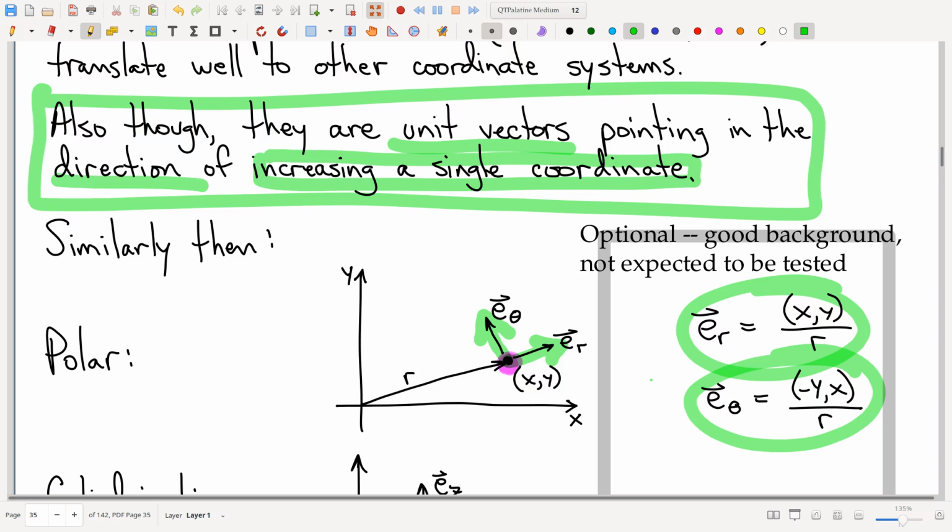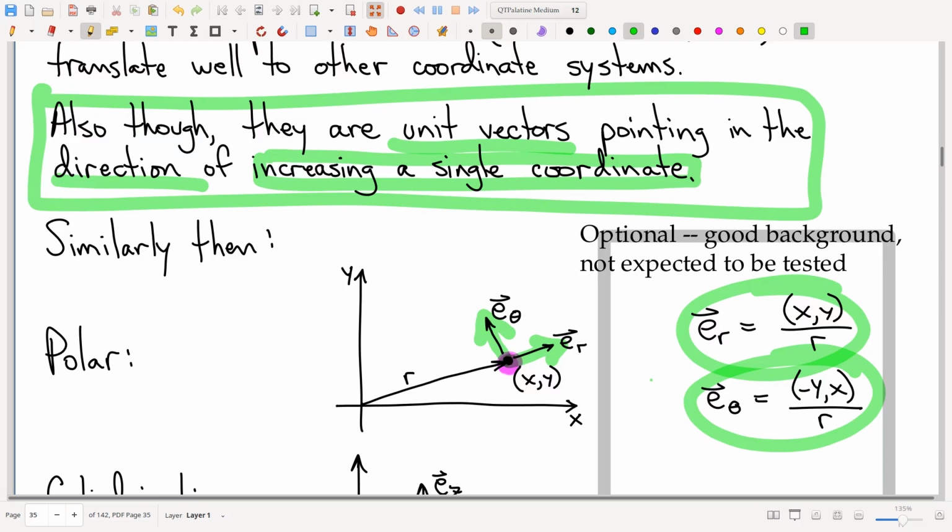I can't say, to the question you asked, if you keep going in the E theta direction, because E theta changes as you move. So E theta kind of curves around as you move in that direction. That's another little awkward reality that we have to recognize.